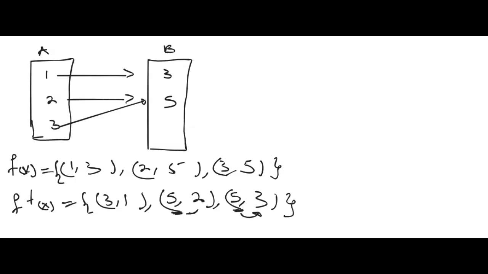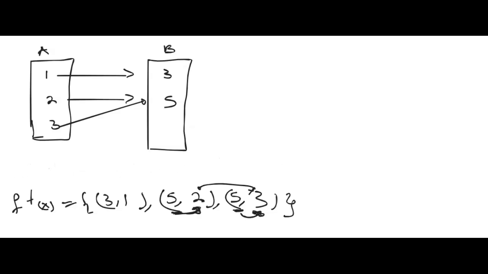And this cannot happen, because an input that is meant to produce the same output, in the reverse order is now producing two different outputs, and this cannot happen for the inverse function. And so if the function is not 1 to 1, we cannot have the inverse.